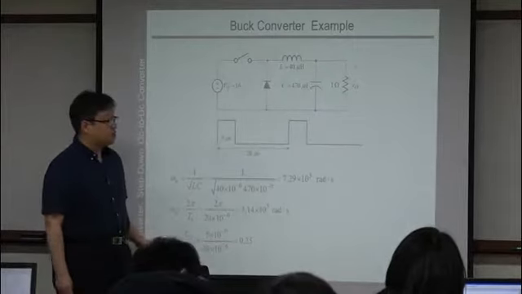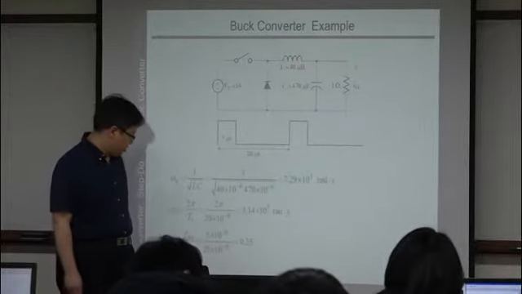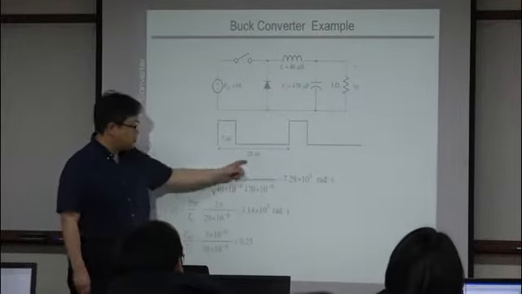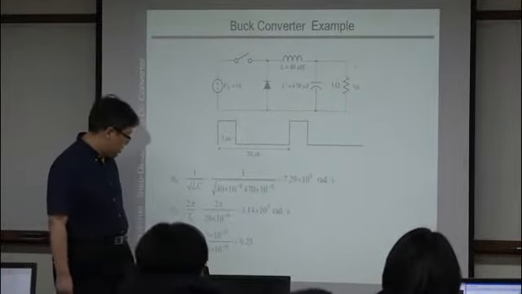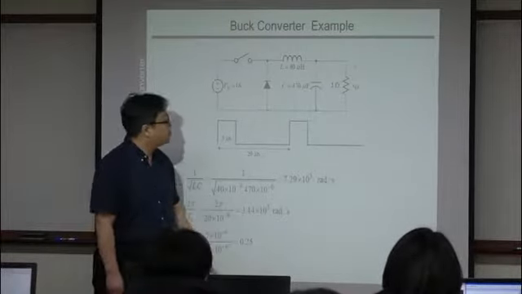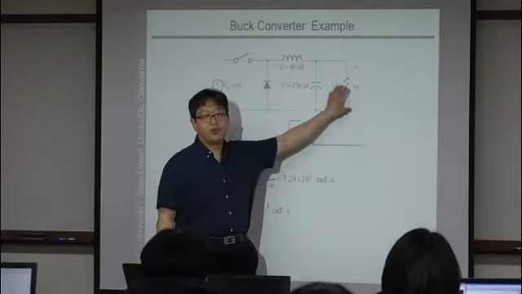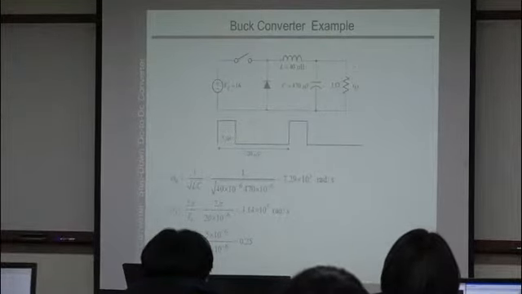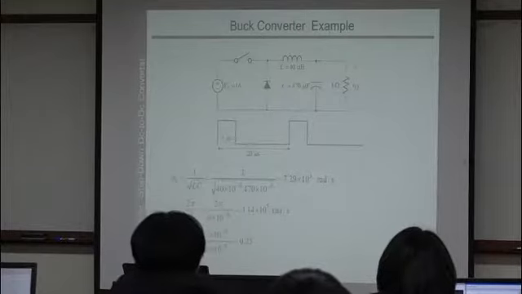Then what about D? D is the duty ratio. Ton here is 5 microseconds and Ts is 20 microseconds, right? Then D is 0.25. Then what would be the output voltage here? Your source voltage is 16 and your duty ratio is 0.25. Then what is the output voltage? Just 4, right?